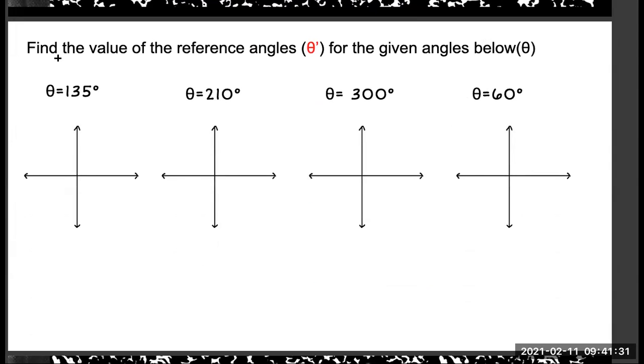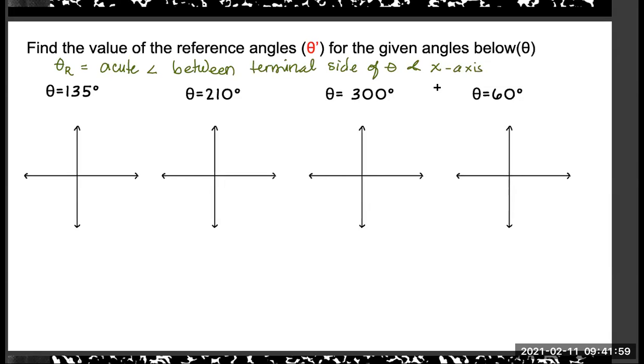So the reference angle, let me just write it down. Theta sub r is the acute angle between the terminal side of theta, terminal side of the angle, and the x-axis.